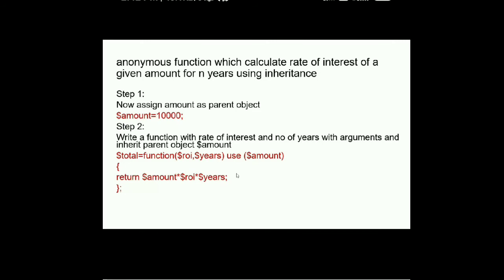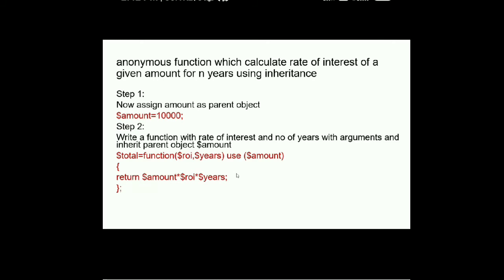After that, I have to return the simple interest here. So, what is the formula for simple interest? PNR by 100. Am I right? Yes, sir. P is principal, N is number of years, and R is rate of interest.